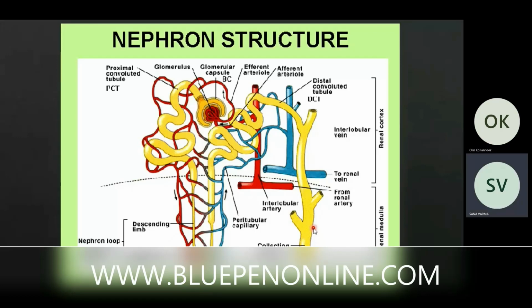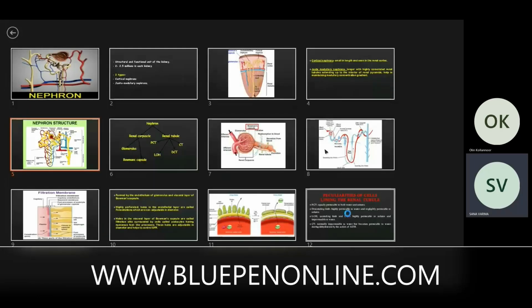So with the help of ADH, the collecting tubule becomes permeable to water by inserting certain water permeable carrier proteins called aquaporins. I hope you know that also. So that is about the peculiarities of the cells lining the tubules.